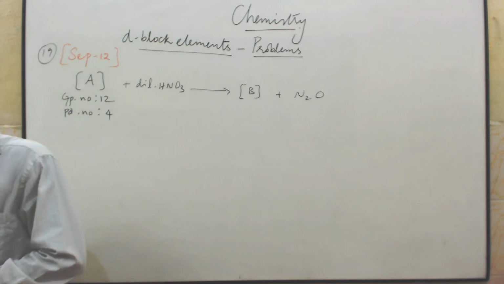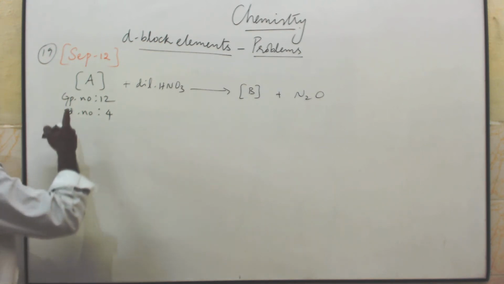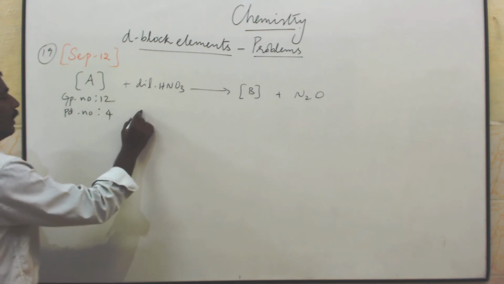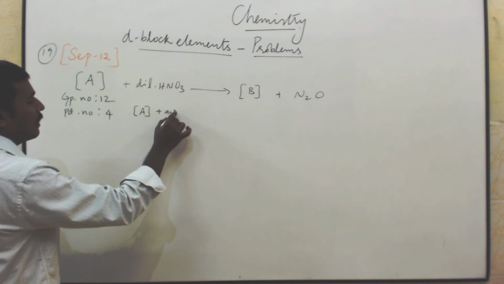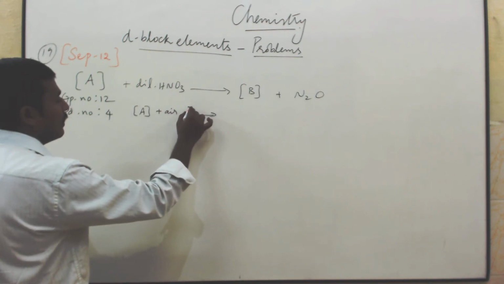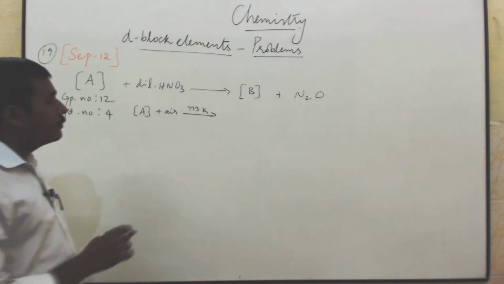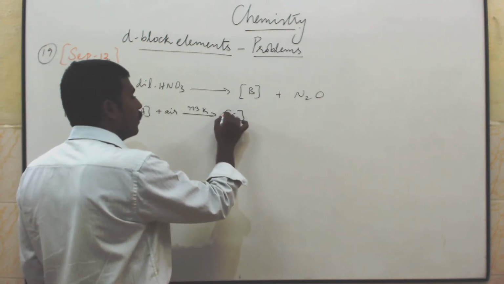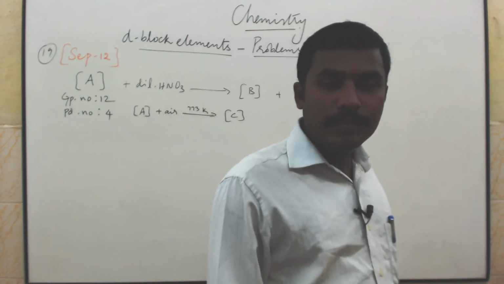Then compound A reacts with air at 773 Kelvin. It gives C. Find out A, B, C and explain the reaction.